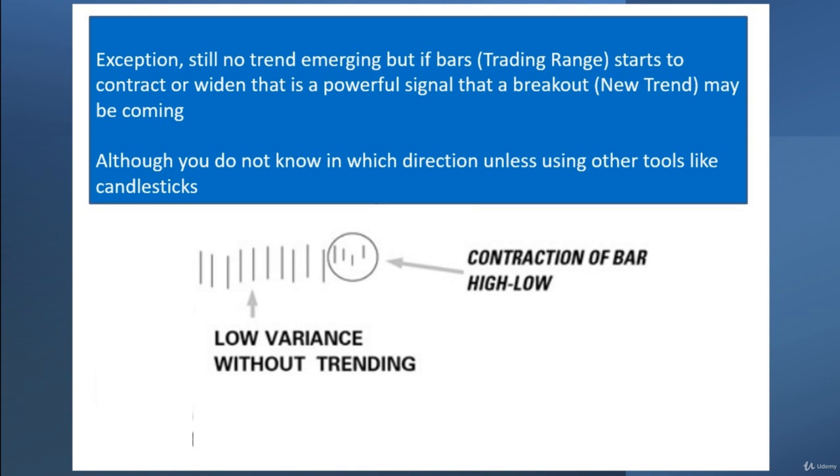If you have that orderly low variance without trending, and then all of a sudden you start to see the highs and lows start to contract, as you see in the example in the circle here, that means something might be happening where we're going to see a dramatic move in another direction, either up or down. So watch for that contracting, or it could be an expansion of the bars too. Either way, it's starting to get a little less orderly as far as the bar length.